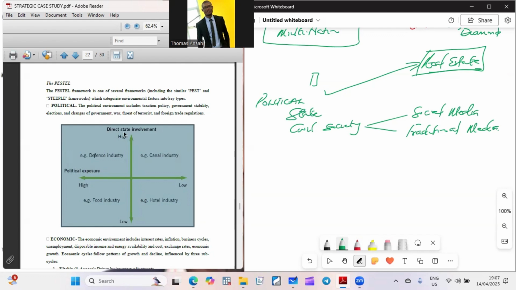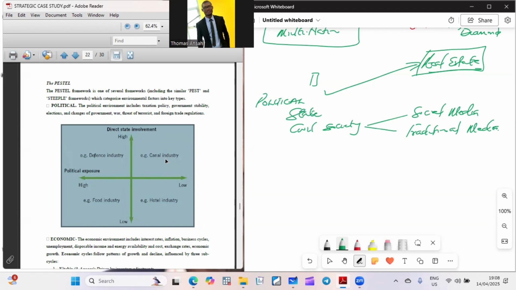The defense industry has high state involvement because it is more of terrorism, fighting, and all those things. So it's very high. When we look at the real estate industry, how many governments own real estate? What they do is affordable housing, which is not competitive because of the location.